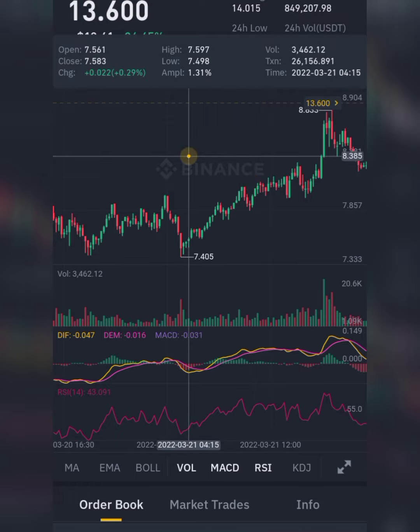You don't just enter a trade. No, that's very wrong. You wait for a retracement. Okay, now after that retracement, it is now confirmed and certain that this particular pair or this particular coin is going towards the upside, and then you take a long position.